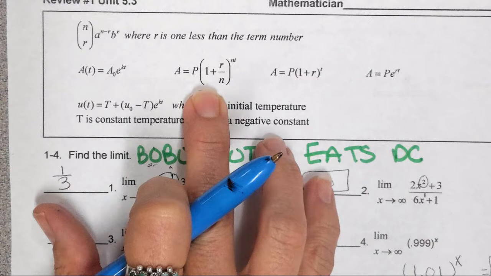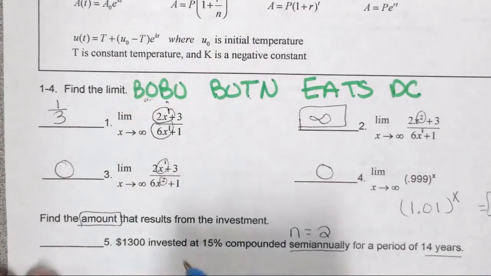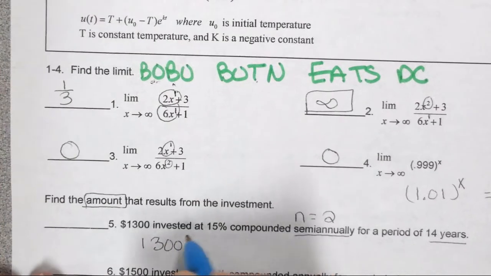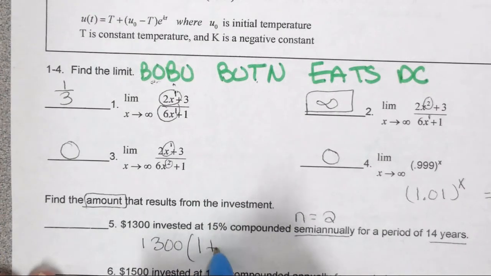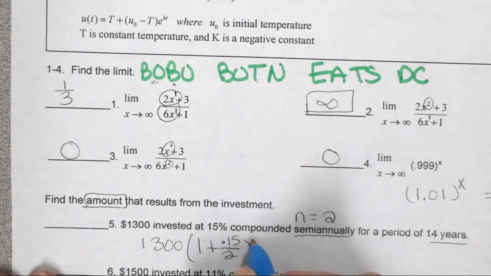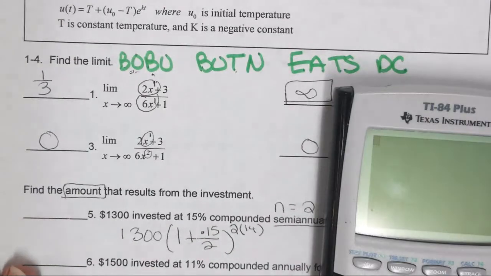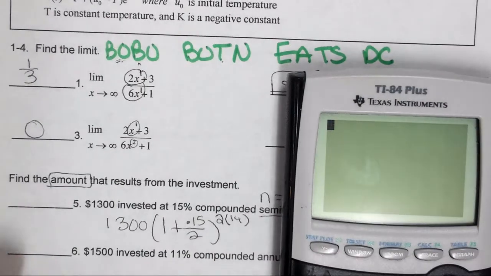So I'm going to plug in, and the formula says you're going to put P first, which is the amount of money we started with, $1,300. Then it says 1 plus R. My R is 15%, which is 0.15, divided by n, which we said was 2, raised to the n times t. My t is 14. So you're going to type this in your calculator. When we typed it in, we did it in pieces the other day. So I did this first, 0.15 divided by 2.